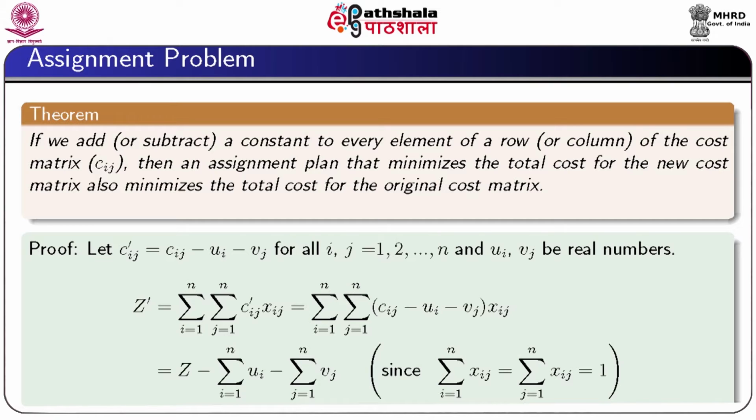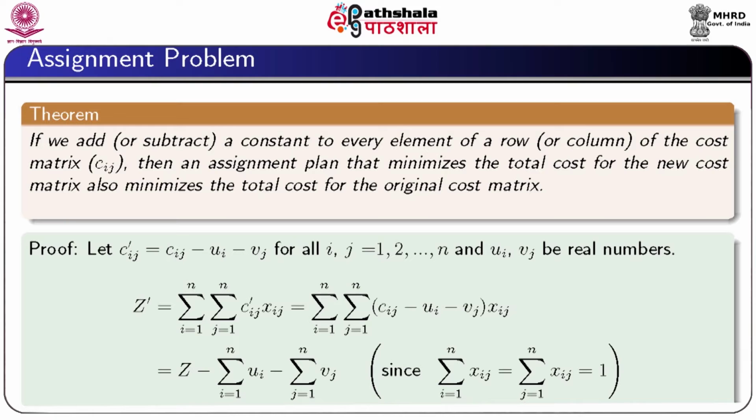Then the new objective function z dashed is equal to the double summation Cij dashed Xij, where the summation varies over i equal to 1 up to n and j equal to 1 up to n, which is equal to the double summation of (Cij minus ui minus vj) whole into Xij. Here we are just substituting Cij dashed by Cij minus ui minus vj.